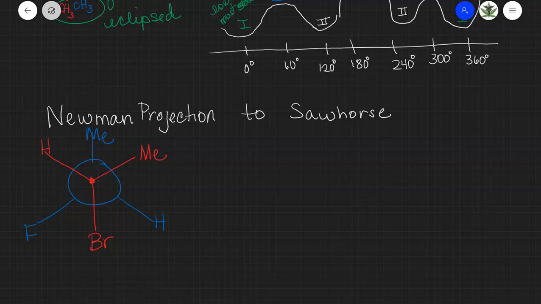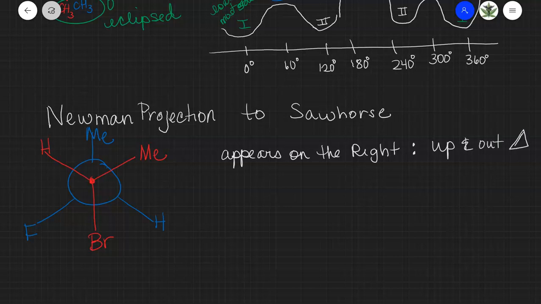Some things to keep in mind. If it appears on the right, you want the bond to be up and out, meaning that it's going to be a solid wedge.